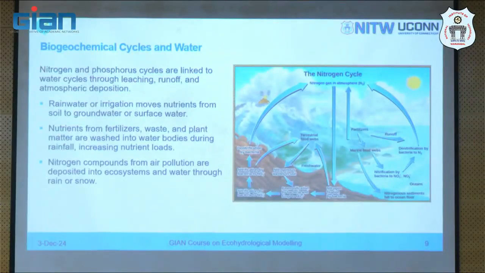Does anyone know the nitrogen content in rainwater in India? I'm asking because I don't know. How much nitrate or nitrogen deposition happens through precipitation, through rainfall? Any idea about the magnitude?